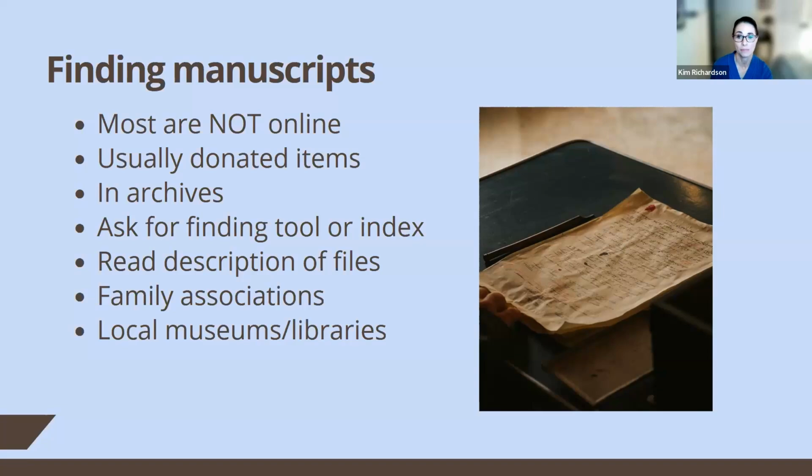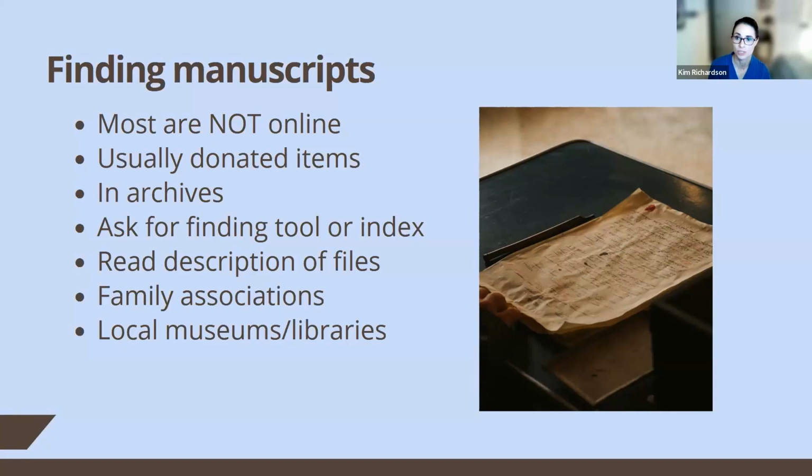Hey, I'm looking for manuscripts that are going to tell me about day-to-day life in this time frame, in this place. Could you help me look some up? And they will show you how to use their finding tool or their index. And that's really going to shortcut the time that you have to spend trying to decipher all of that.